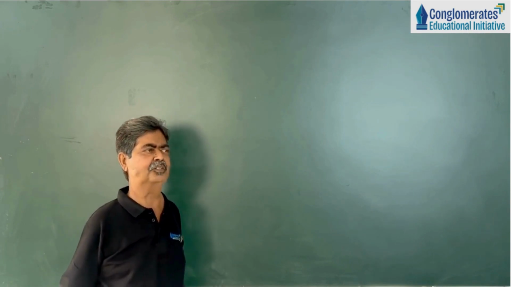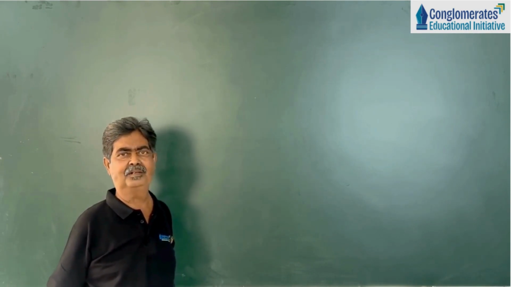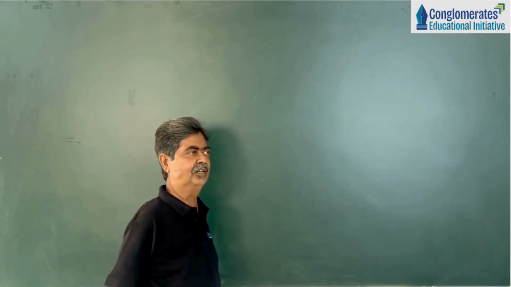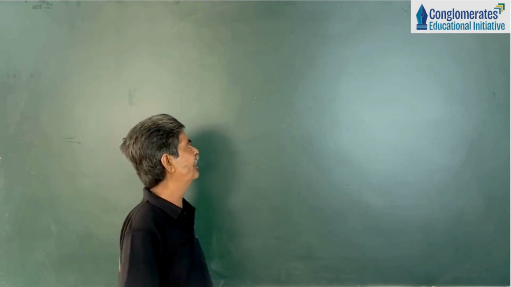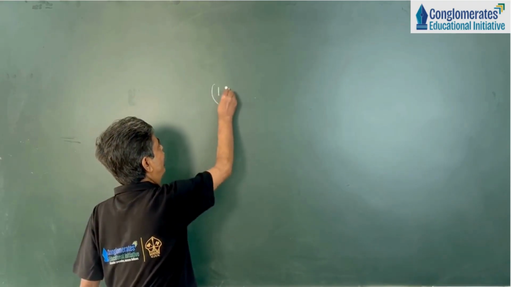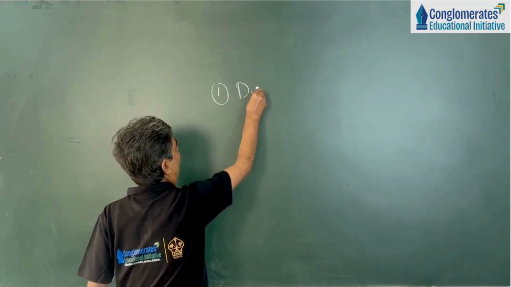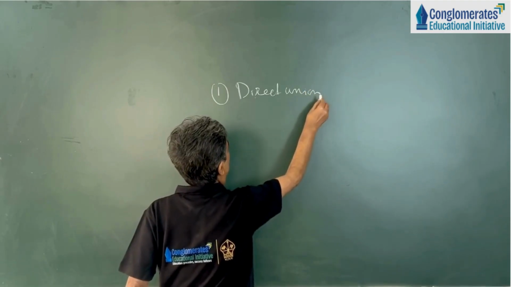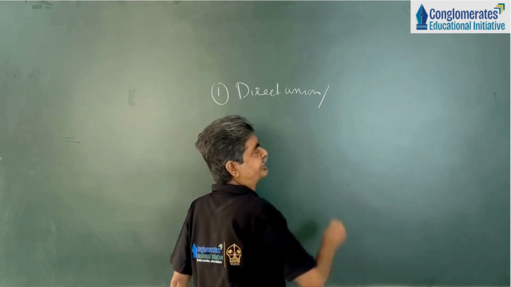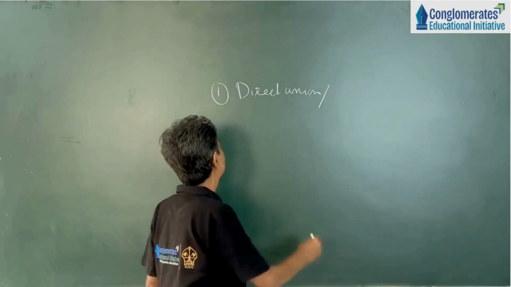So far we know there are a lot of chemical reactions, but I will mainly teach four important chemical reactions. Number one, direct union, or combination, or synthesis.